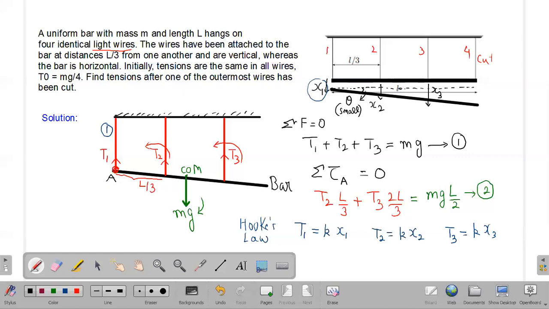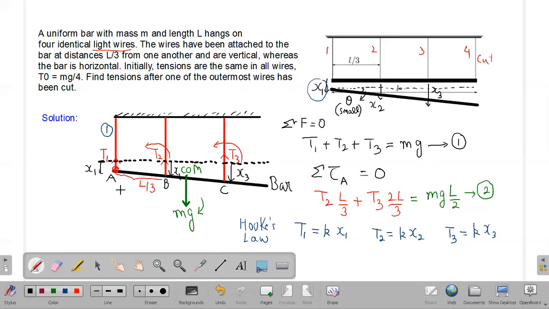For that, consider these points A, B, C. Notice from here, this point A has moved down by a distance of x1 from the initial position. Wire number 2, that is point B, has moved down by a distance of x2. And wire number 3 has moved down by a distance of x3.